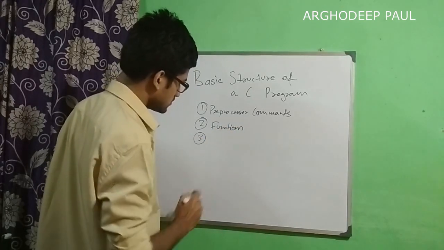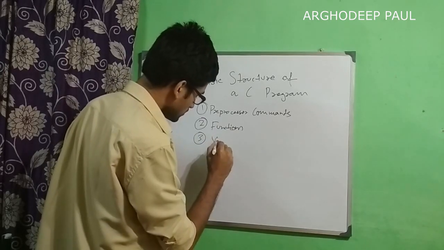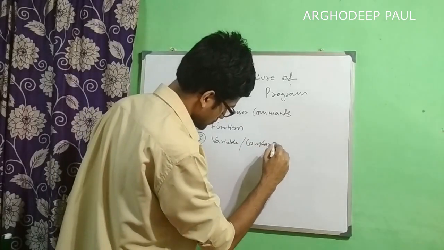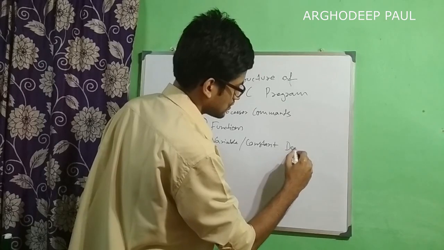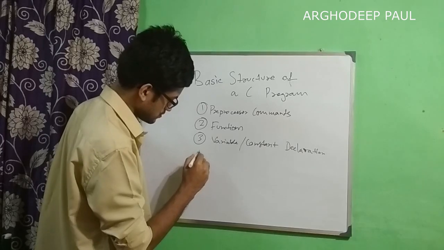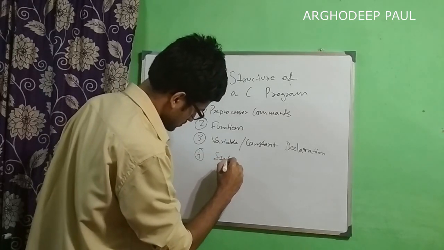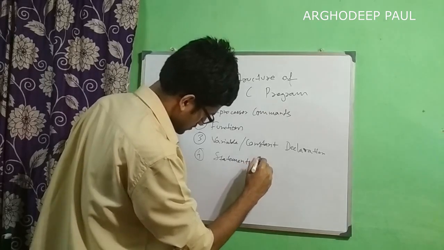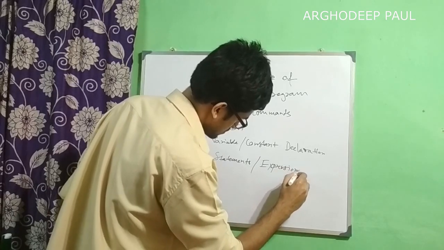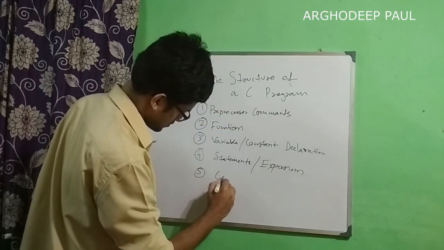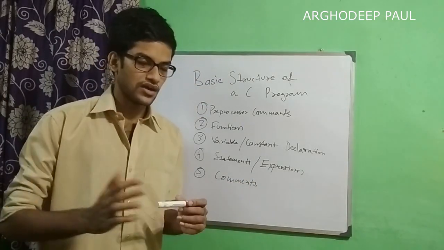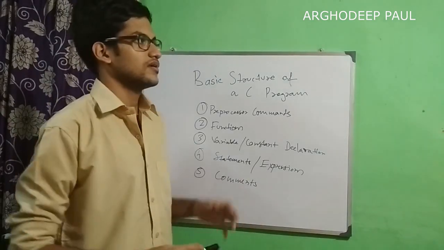Then we have... so these are the 5 elements that we find in any C program.